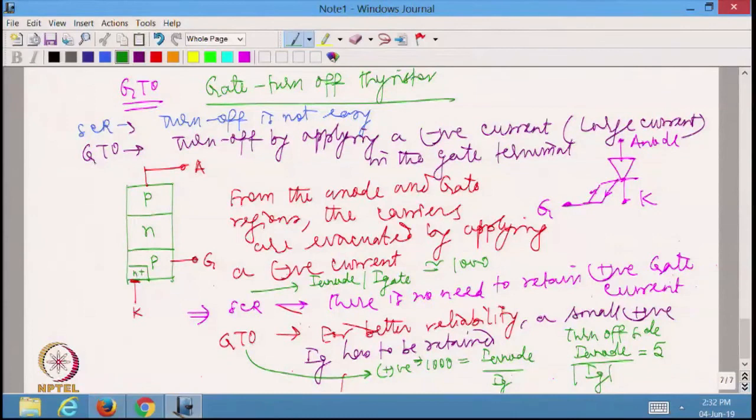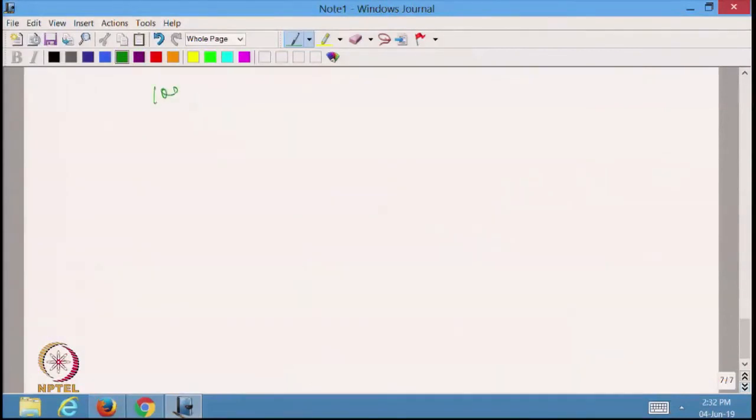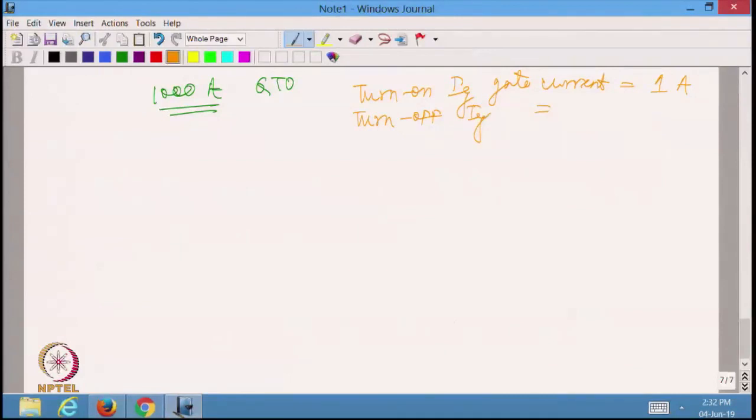So, for example, if it is a 1000 ampere rated GTO, the turn on gate current is going to be only of the order of 1 ampere, whereas turn off gate current is going to be of the order of almost 200 amperes.